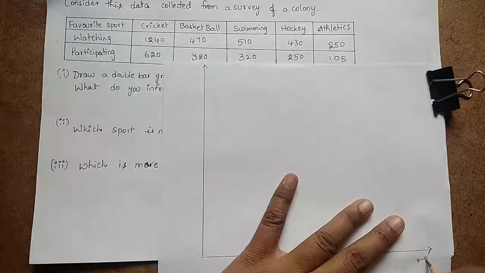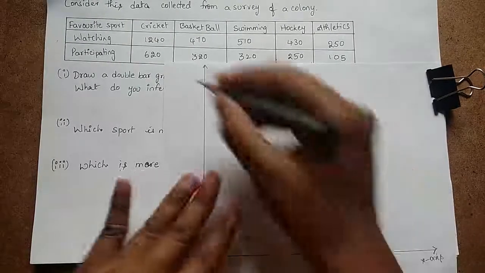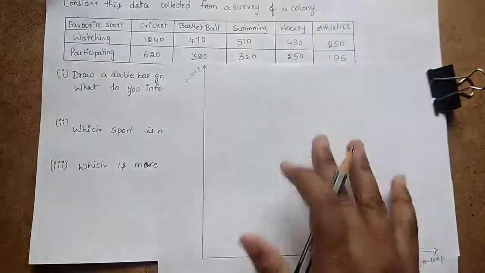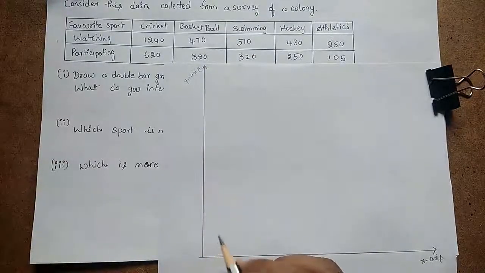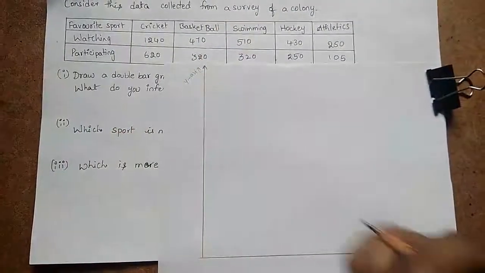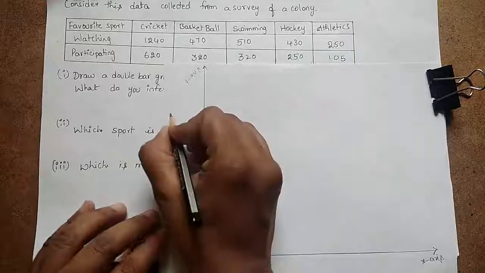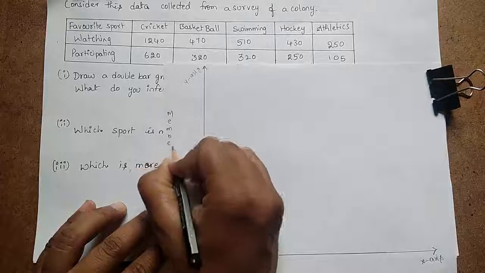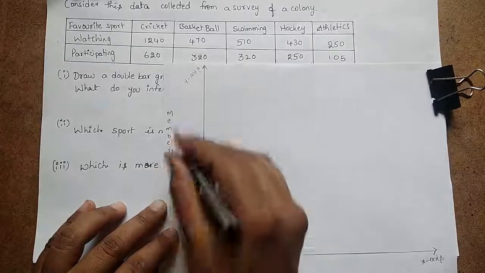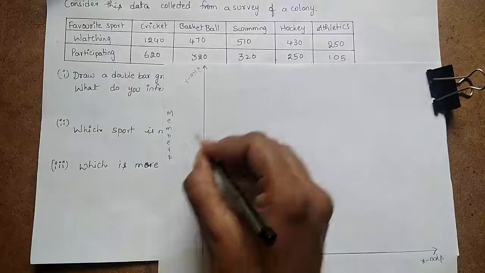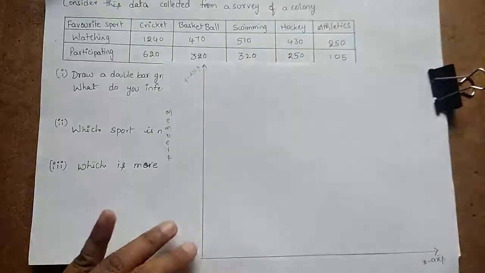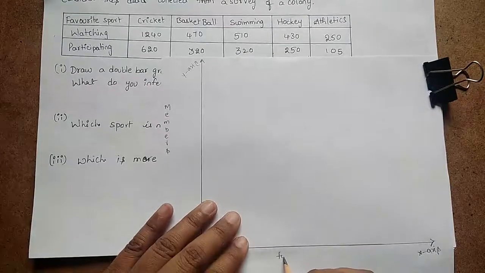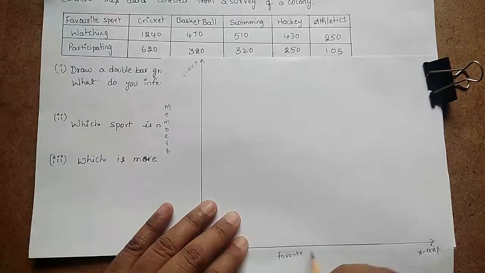I am naming this the x-axis and this the y-axis. We are taking the number of members on the y-axis, and the x-axis is favorite sport.